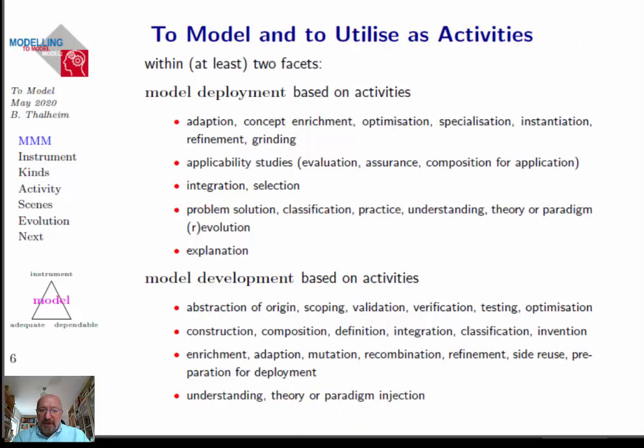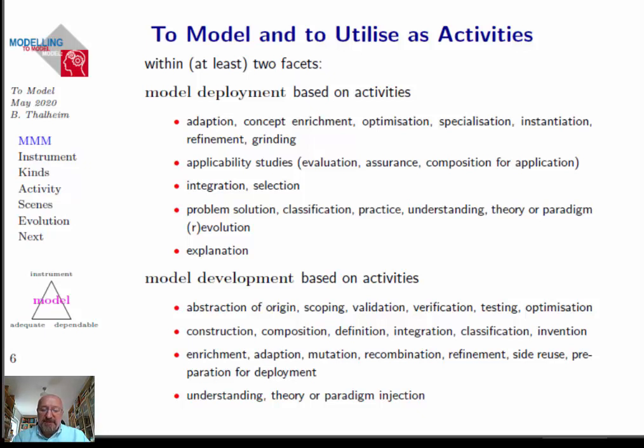To model and to utilize are activities. Activities with 2 different facets. One is model deployment based on activity, so we need models for how to deploy a model. And another one is model development based on activities again. And now we need to know what that means.